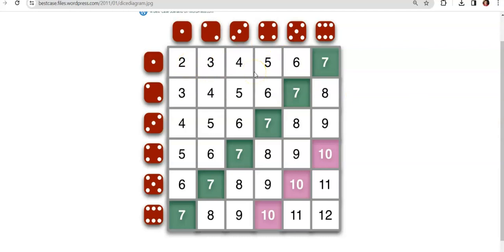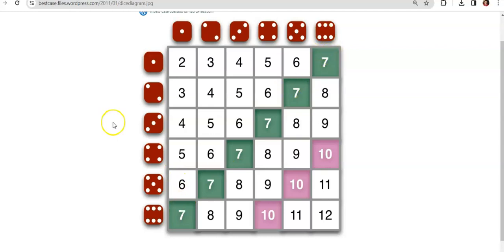But because this outcome right here, which is 2 on this dice and 1 on this dice, is the same as 2 on this dice and 1 on this dice, there's 2 different ways to get a 3. So we can add those together. And so we have 1/36 plus 1/36, which is 2/36. There are 3 ways to get a 4, 4 ways to get a 5, 5 ways to get a 6, and then 6 ways to get a 7, right?